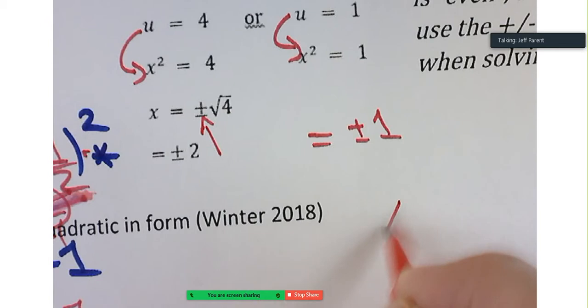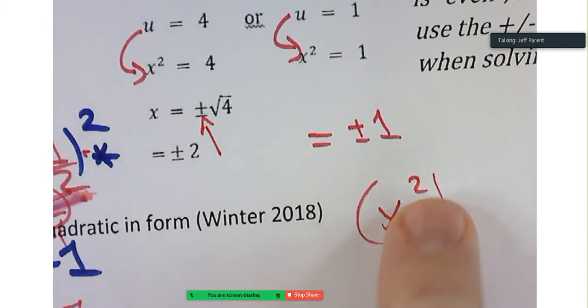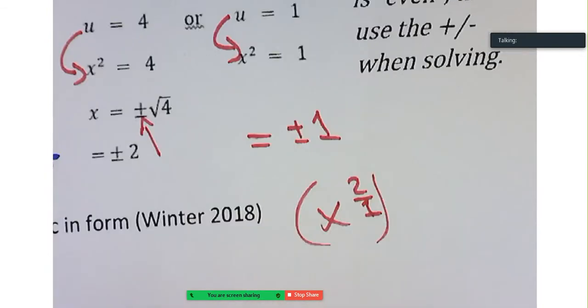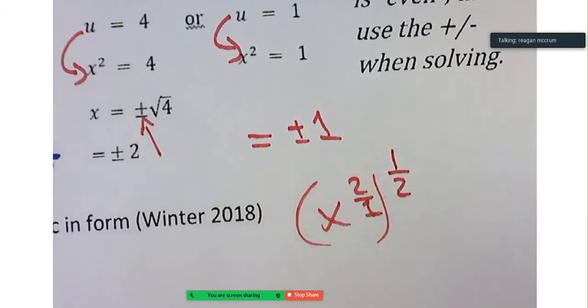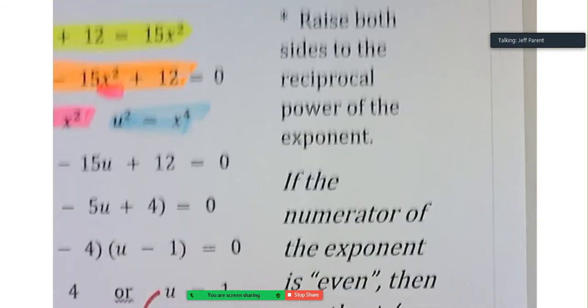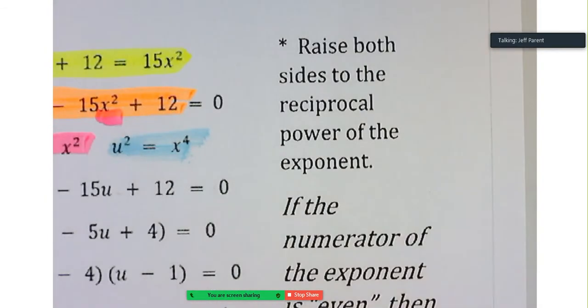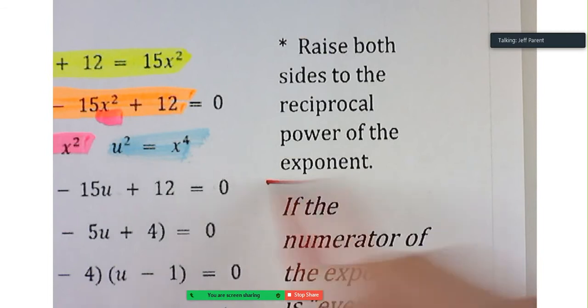Let's take a look at this. What's the reciprocal of 2? Or if I wanted to, I could think of it as 2 over 1. What's the reciprocal of 2 over 1? 1/2. Now here's a little trick for you. When you're solving this, you want to raise both sides to the reciprocal power of the exponent.